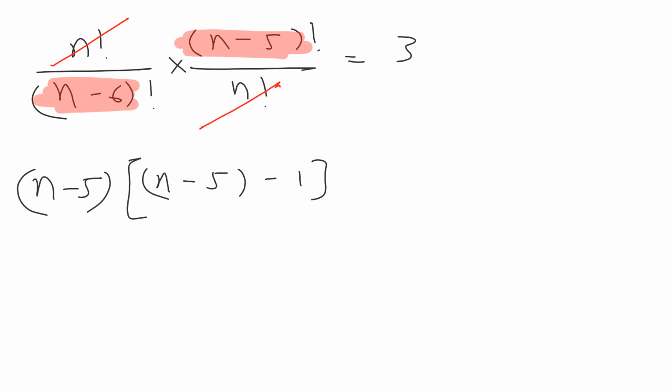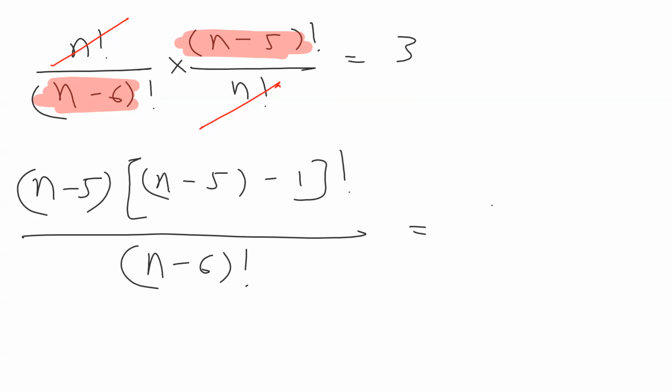Should I stop? Yes or no? The answer is yes. Okay, n minus 6 factorial is equal to 3. The reason for stopping is because n minus 5 minus 1 will give me n minus 6.